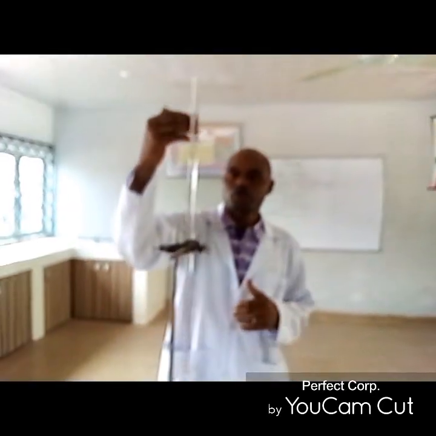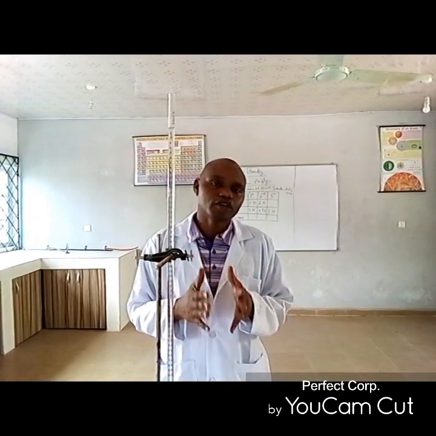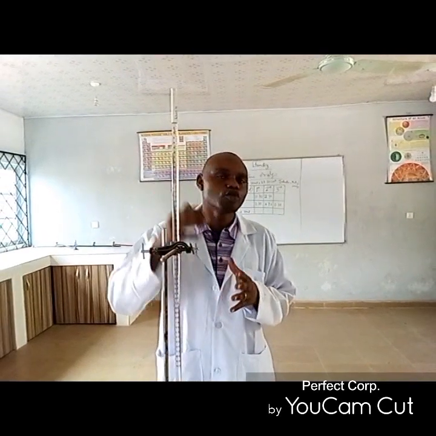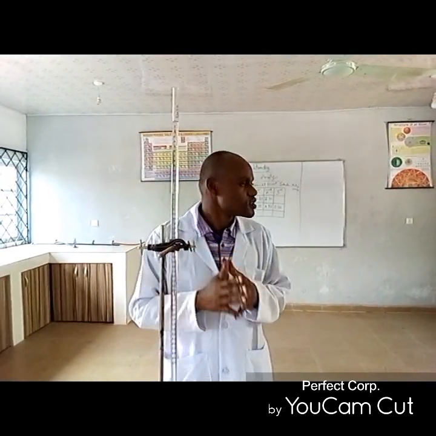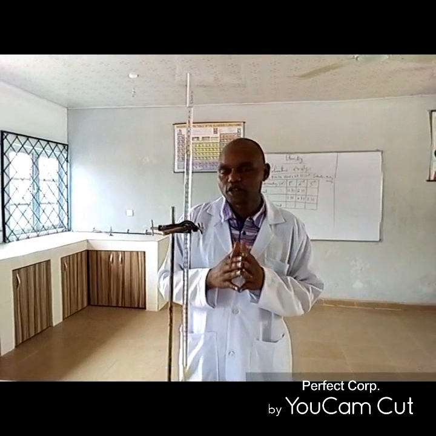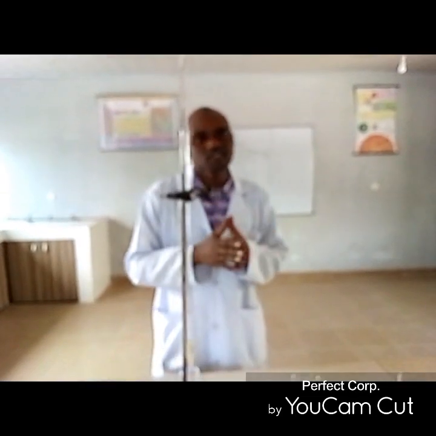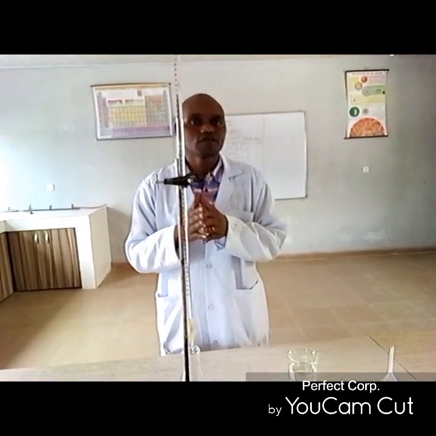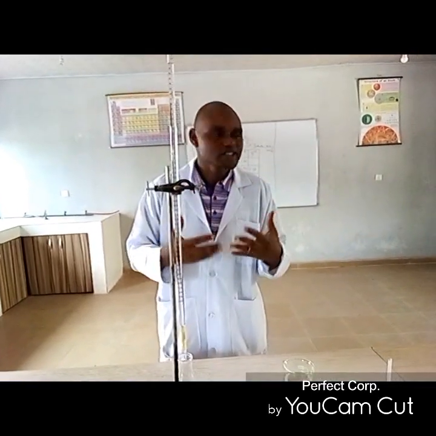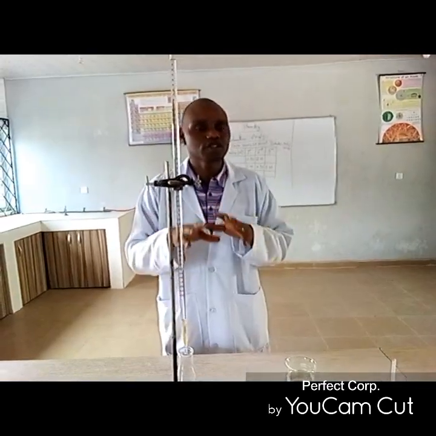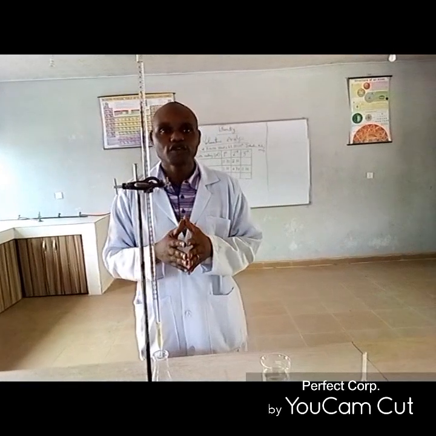After filling the burette to the point 0.00, please take note, for that third initial reading, you can make use of the last titre value, which was 22.50 rather. But for the sake of this practical, I choose to make use of 0.00.